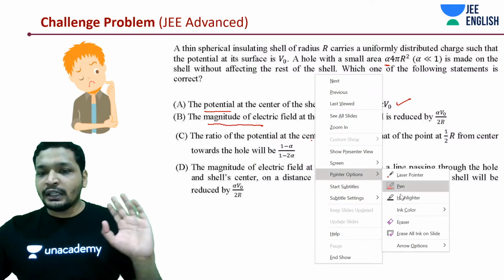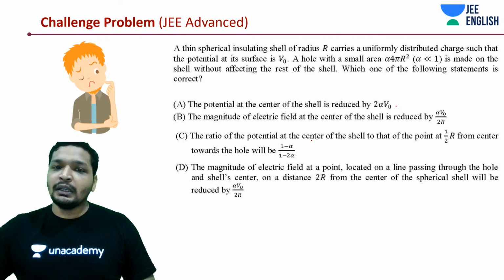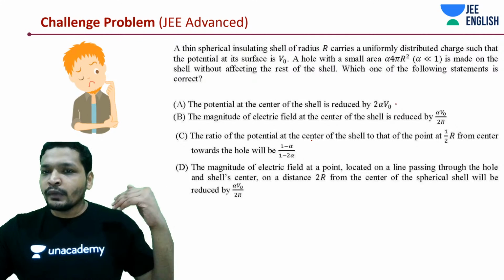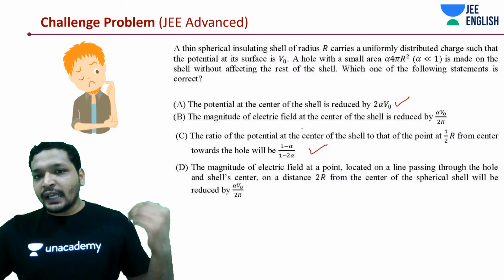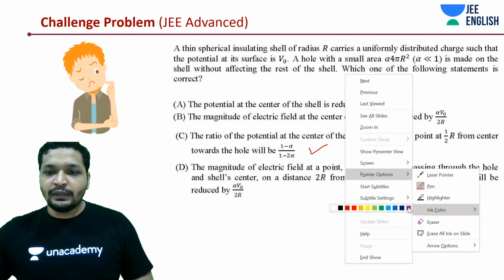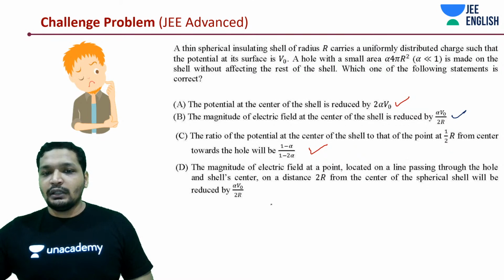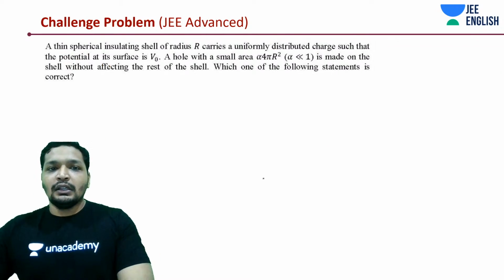So I just begin with potential, because my first option over here was potential. Then I will analyze A and C. If I begin with electric field, I would have to analyze B and D, even if it's multiple correct. Okay, that is the key. Let's get started then.